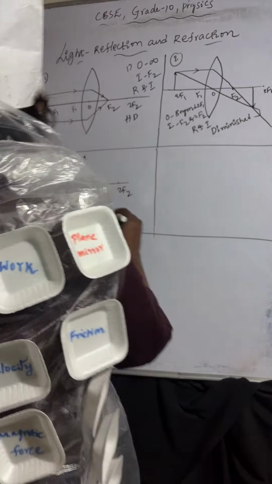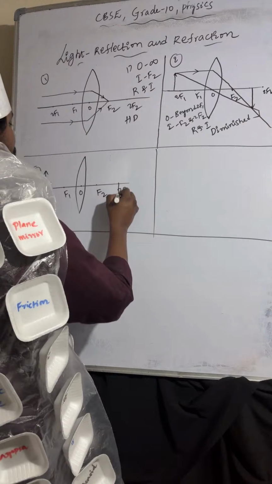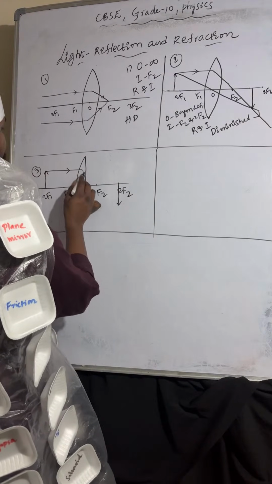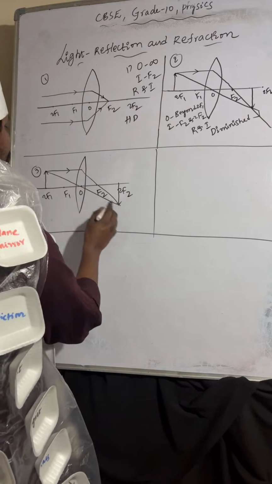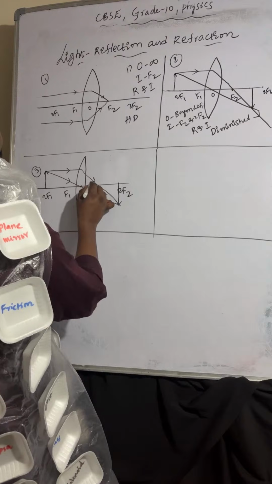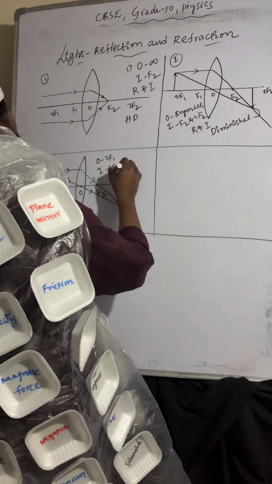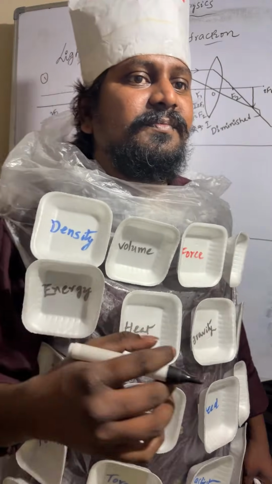Understood? So object is placed at 2F1, so image also will form at 2F2. One light ray I am taking like this, it passes through focus. Another light ray is passing through optic center. Those light rays will meet at 2F2. Object is placed at 2F1, image will form at 2F2. Nature of the image is real and inverted.